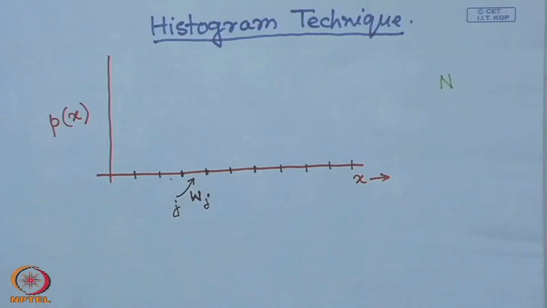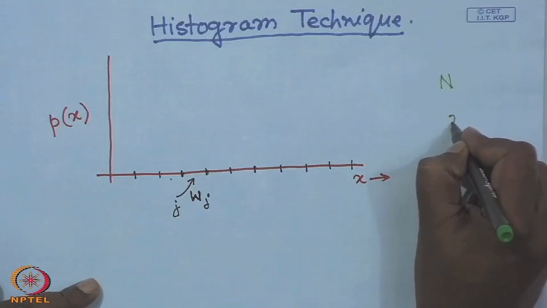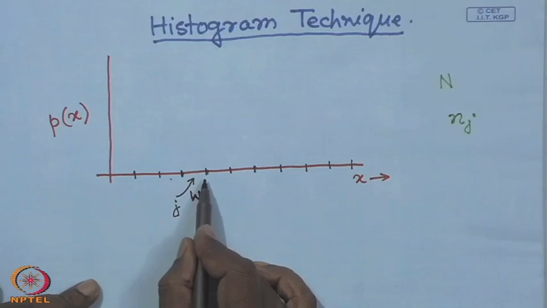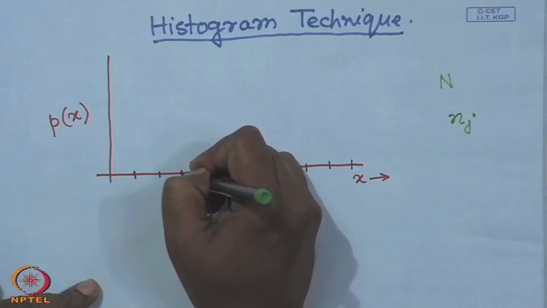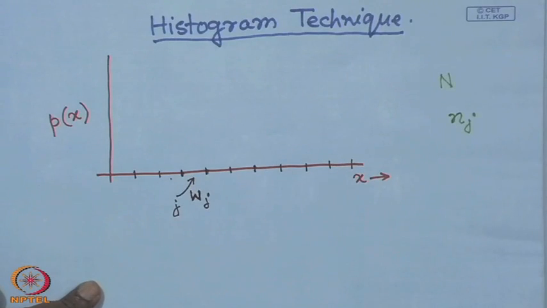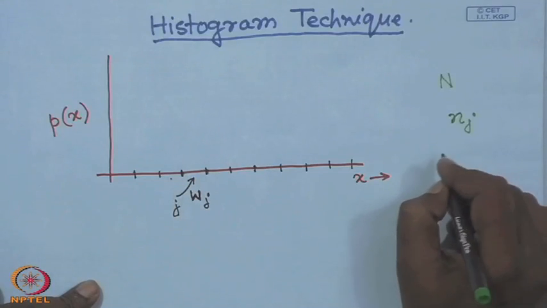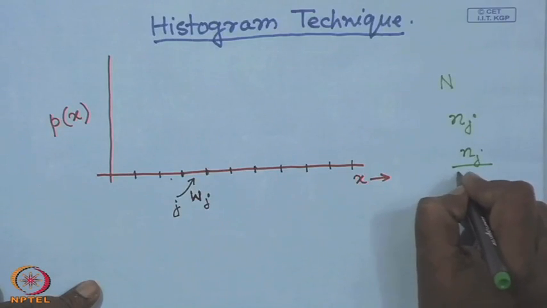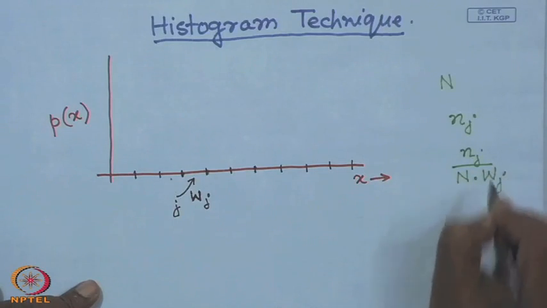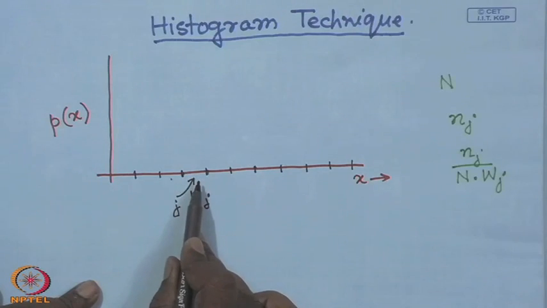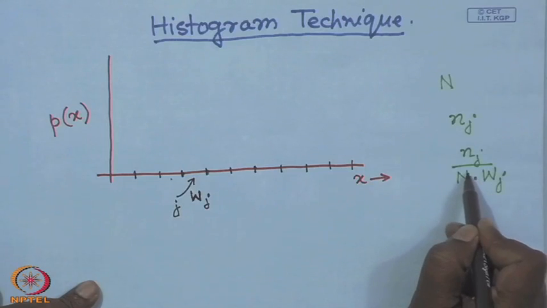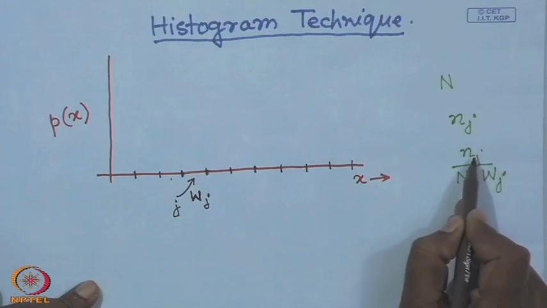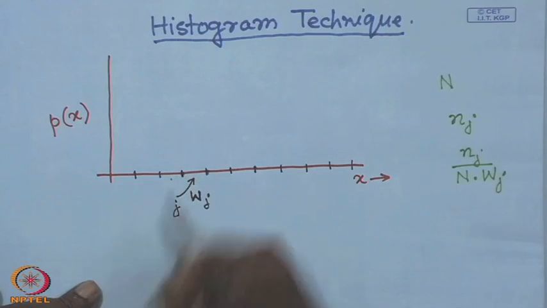So, by considering this, if I find that I have n j number of samples which fall within this jth interval, then I will have a bar graph representing the probability density function, where the height of the bar will be given by n j by N into w j, where w j is the width of the jth interval, capital N is the total number of samples that I have, and n j is the number of samples, out of these capital N samples, which fall in this jth interval.